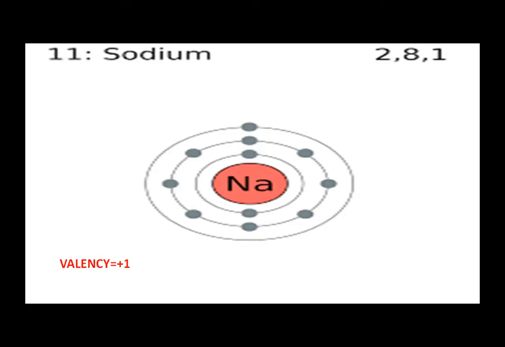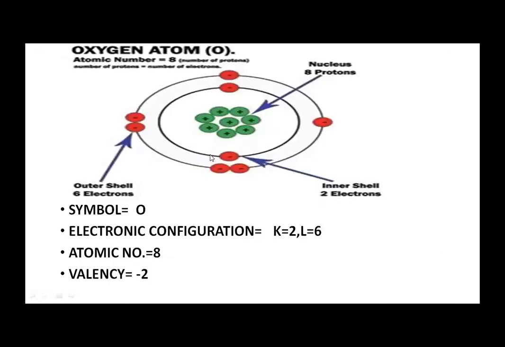How many electrons does sodium donate? 1 electron. So the valency of sodium is 1. Now look at another example: the oxygen atom. The atomic number of oxygen is 8, so there are 8 electrons present in oxygen.